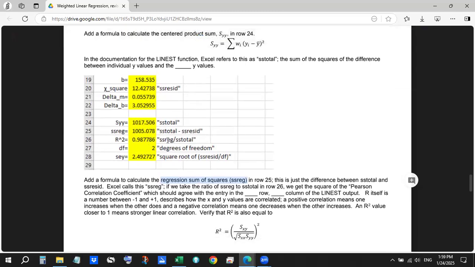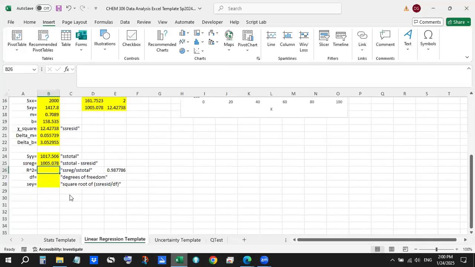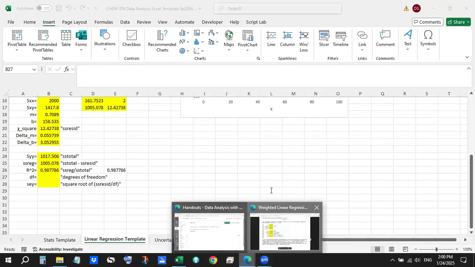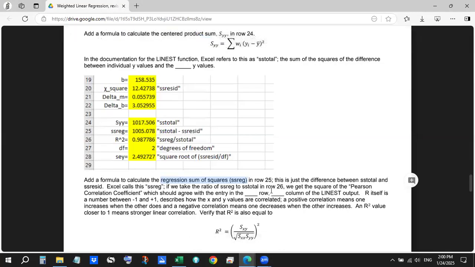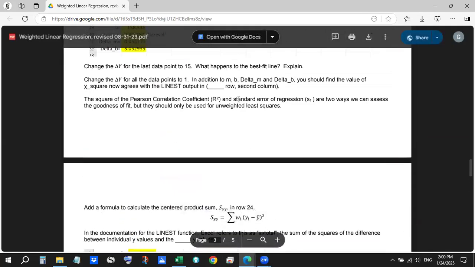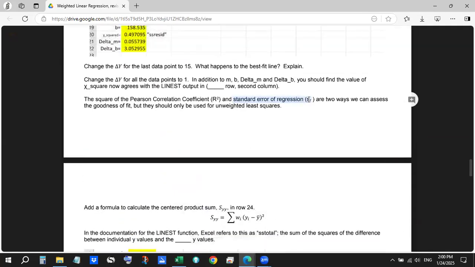Now the ratio of SS reg to SS total, so SS reg over SYY, is going to be the square of our Pearson correlation coefficient. Row 26. This is going to be equal to SS reg, the regression sum of squares, divided by SYY.